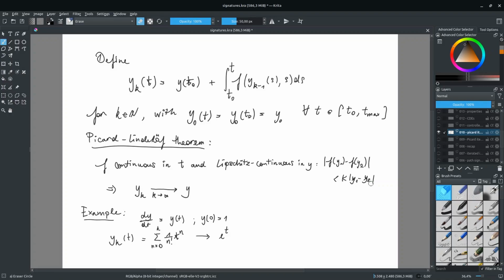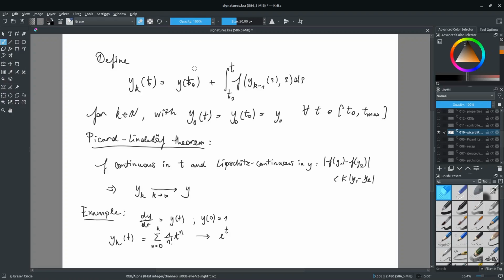You can sort of think of this as saying that the derivative of f in y must be bounded. So if you have these conditions, this sequence y_k converges to a fixed point of the fixed point equation. And so that's sort of how you prove that you get a solution for this.